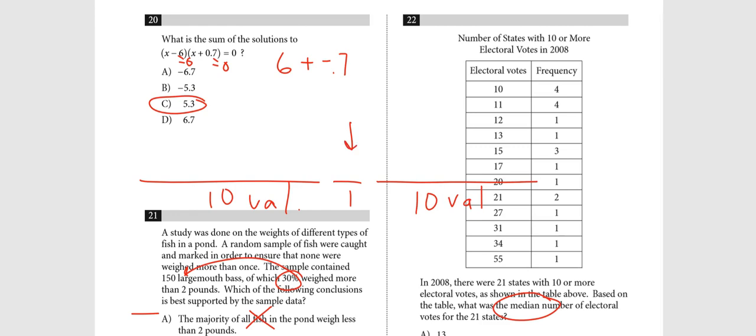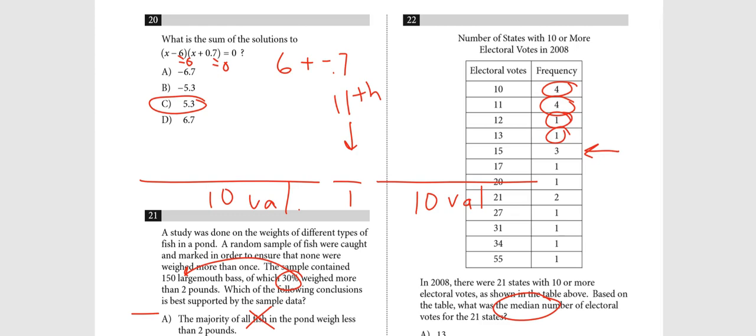So the truth of the matter is, whichever one is the 11th data value starting from the bottom, that's going to be your median. So we've got 4 of these 10s, we've got 4 of these 11s, that now we're up to 8th place. We got 9th place, we got 10th place, and guess what? Inside this group right here is the 11th one.